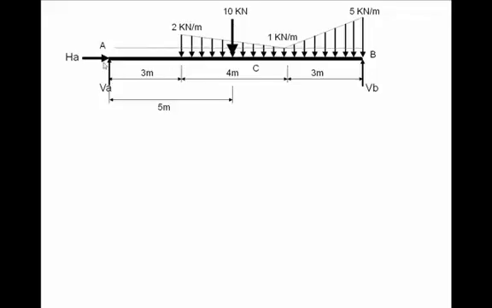See, it was 1 kilonewton per meter over 10 meters, magnitude is 10, and acting at the center of 10, that is 5. Now a similar thing we are going to do for this triangle. See, this vertical distance is not 2 now, because 1 we already took care of, so it is 1. So it is 1 into 4 by 2, and here it is 4 into 3 by 2.